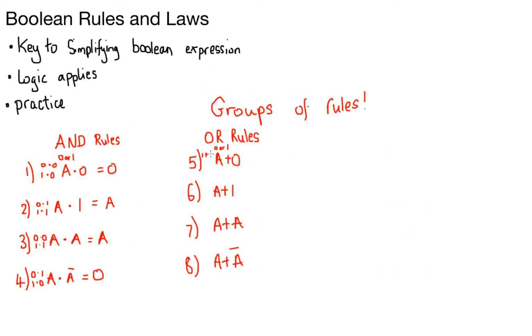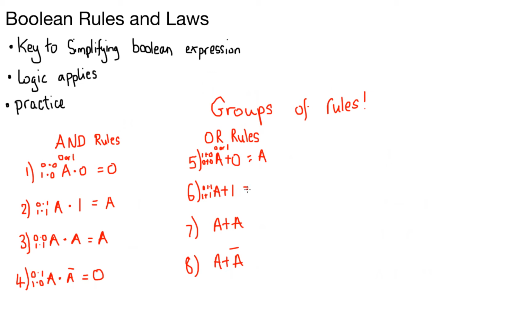So for number 5, I'm going to write 1 or 0, and my second term will be 0 or 0. And if I work that out in my OR truth table, A or 0 will simplify down to just A. My two terms for number 6 will be 0 or 1 and 1 or 1. Apologies that you can't really see that, but I promise you it's there.